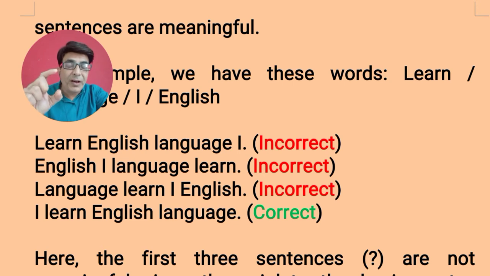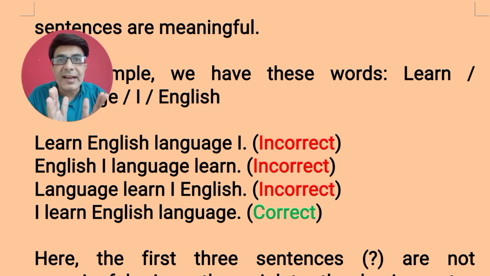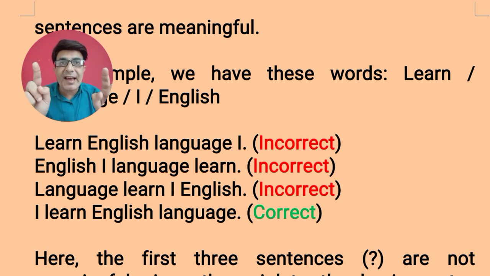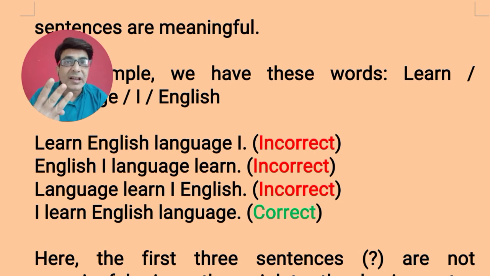Now the first three sentences are incorrect sentences. Why? Because we are not following the syntax of English language in the first three sentences. And the last fourth sentence, I learn English language, is a correct sentence.